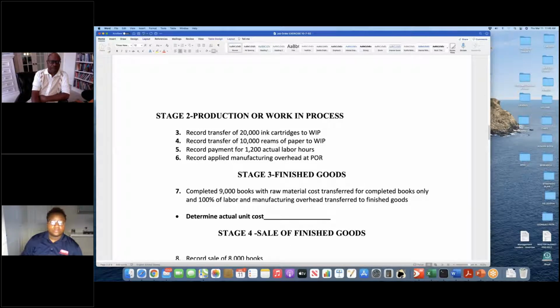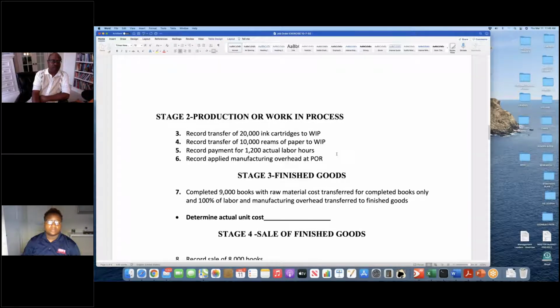Record the applied manufacturing overhead at the POR. So what was our POR that we calculated? It was 20. So if the POR was 20, we're going to multiply 20 times what? 1,200. So every time it says record applied manufacturing overhead at the POR, you use the POR we figured out at the beginning and multiply it by the labor hours?